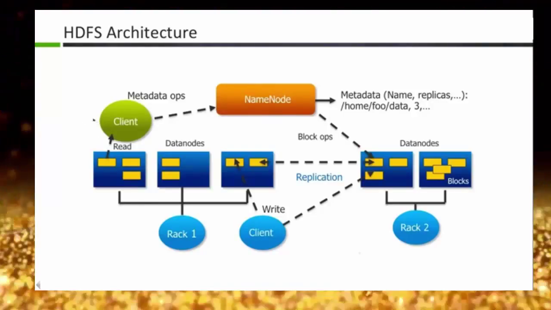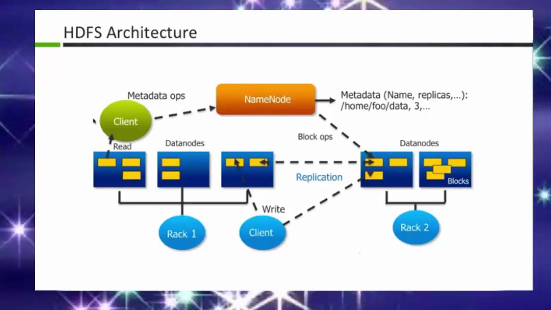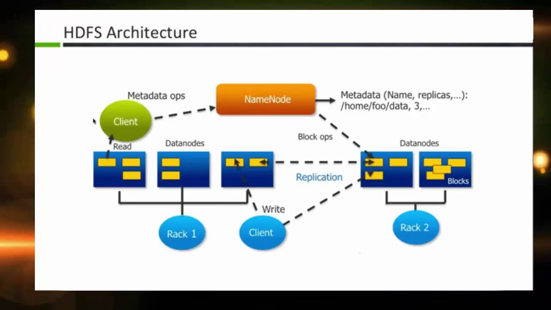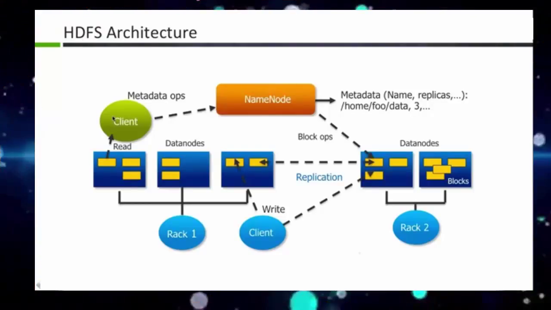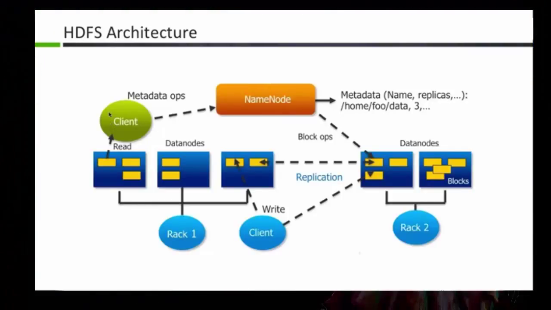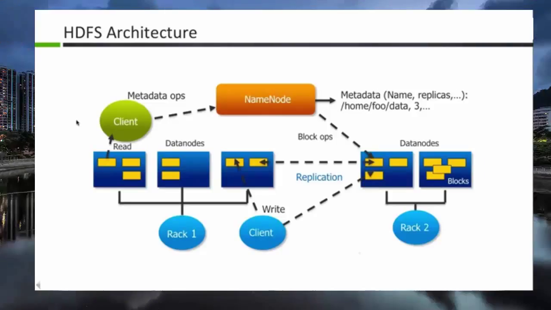End user will always be interacting with a client. A client could be an interface built over Hadoop, and we will be looking at a few clients going forward. It could be the command line interface where you can run commands on HDFS, or a Java-based interface with which you interact with the Hadoop cluster. The end user will be sitting in front of the client.